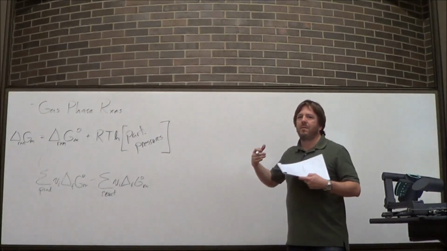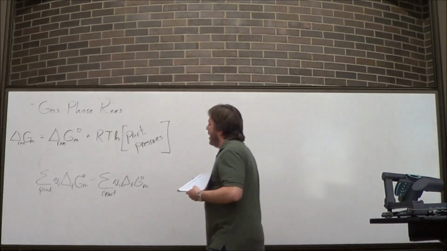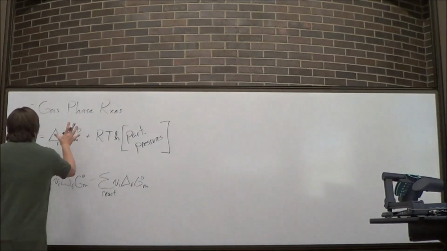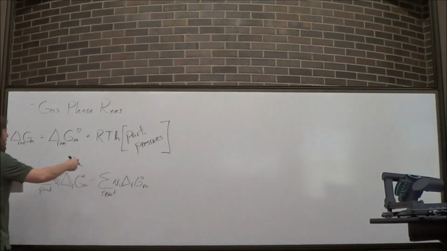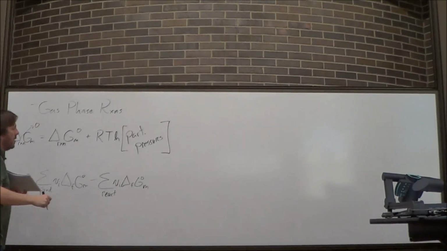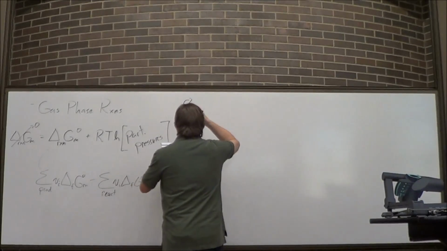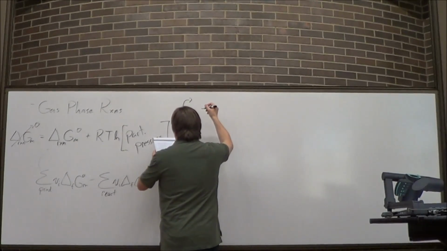As you know, the partial pressure of reactants hopefully is going to 0. So the table changes the partial pressure to equal the actual thing, but when you're at equilibrium, this will be 0.